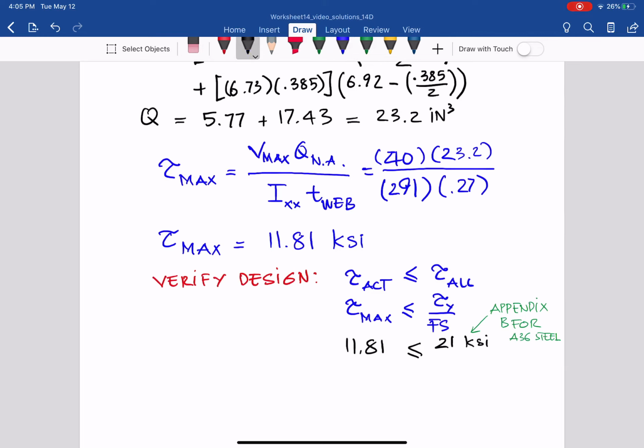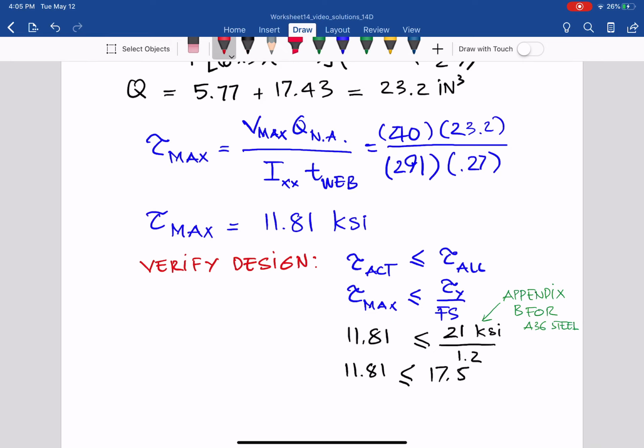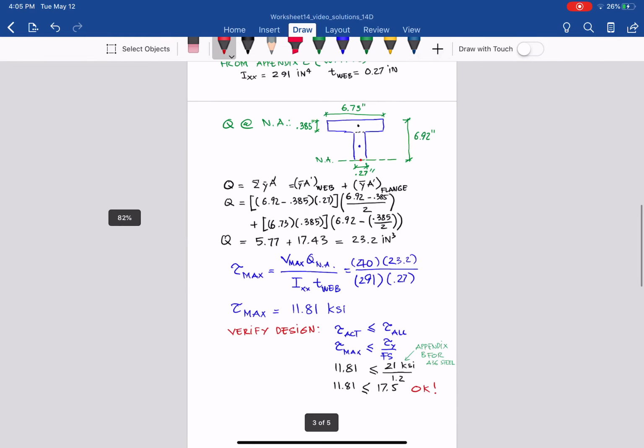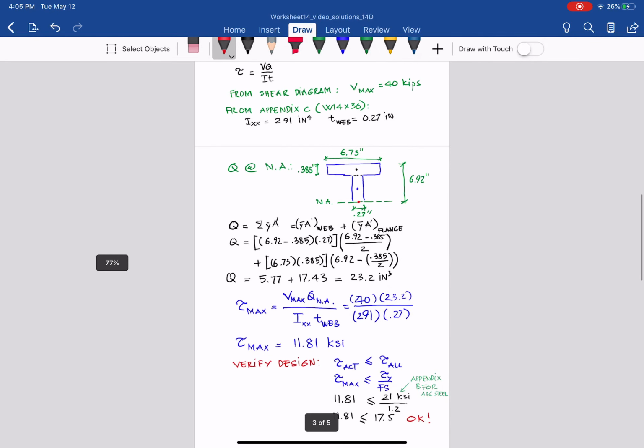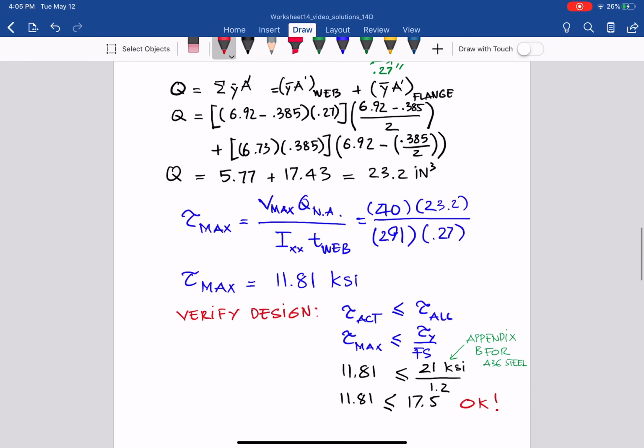The problem gave us 1.2, which is 11.81 less than 21 divided by 1.2. It equals 17.5, which is good. This inequality is valid. So we have the first check, the first verification of our design, which is that the maximum transverse shear stress is okay. So we have that one done, and we will move on to the next step, which is to check the maximum shear and moment combination at the web and flange intersection.